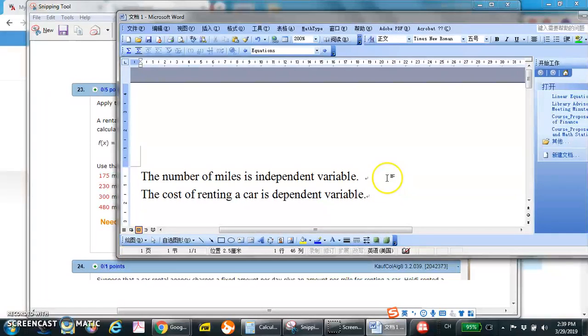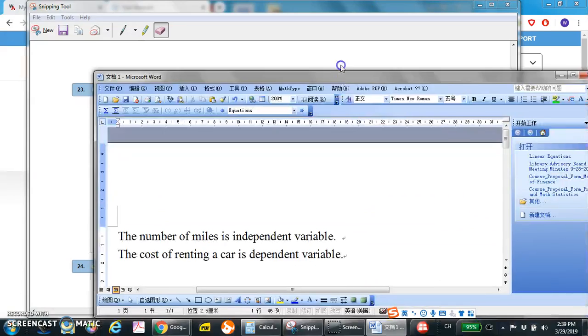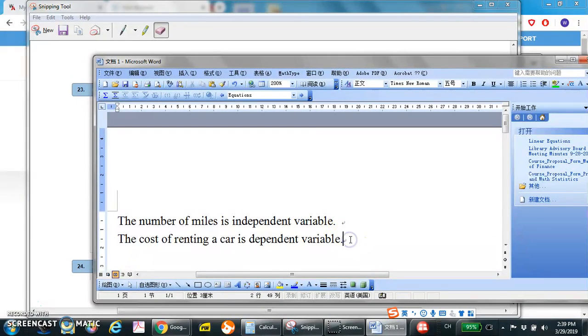And because we are told we can use a linear function to model this problem, the function we're looking for is something like this: f(x) equals mx plus b. So once we can determine the m, the slope, and the y-intercept b, then we can find this function.